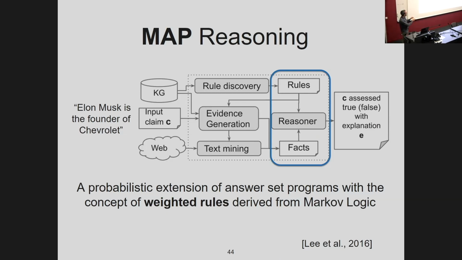I'm not stressing this, but we have facts that we trust more from the knowledge base, and facts that we trust less from the web, and then we let the reasoner come up with the probability of founder being true or neg founder being true. Then we compare these probabilities. The one that is higher wins, and it's the one that we give as the output. There was one question.